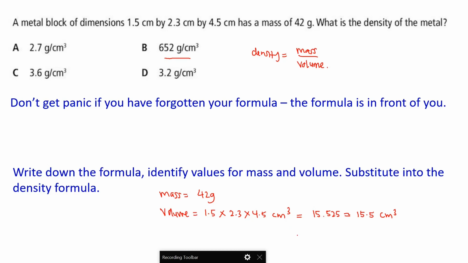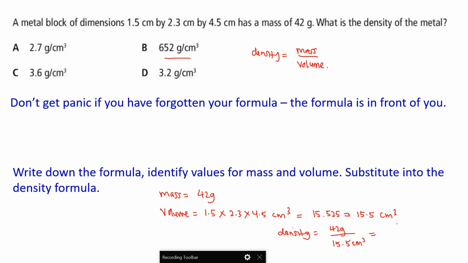And then substitute into the density formula, which is mass, 42 gram, over 15.5 centimeter cube.